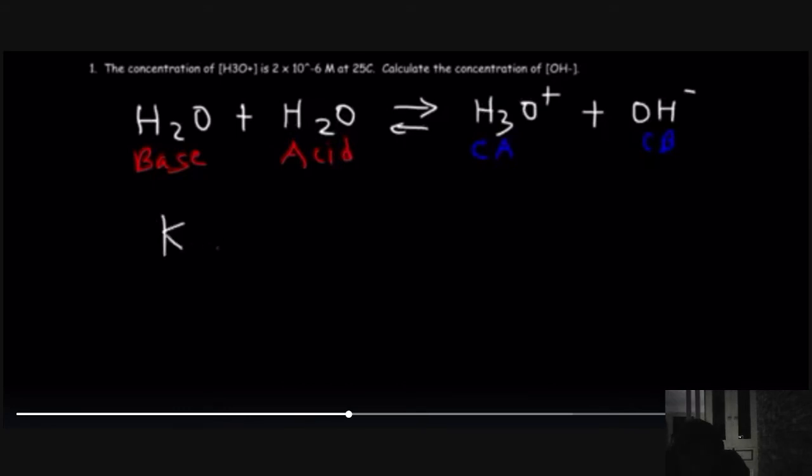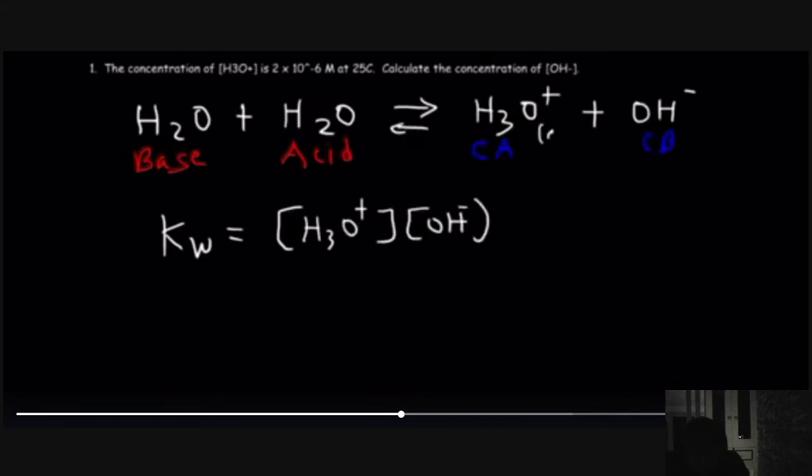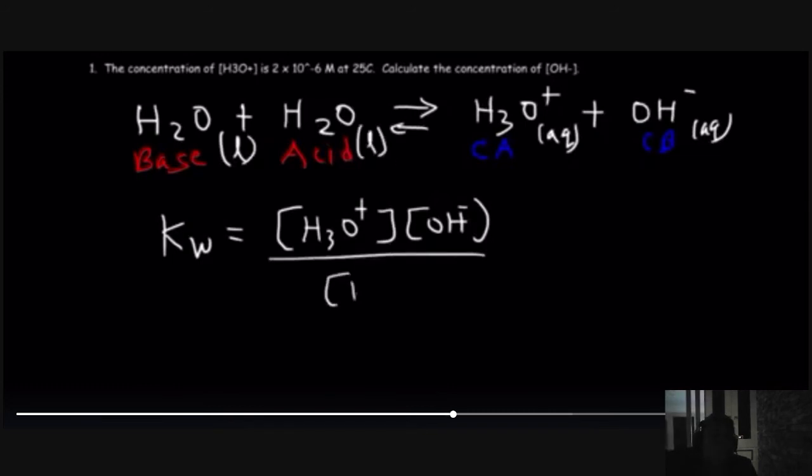Now, the equilibrium expression for this reaction is going to be H3O+ times OH-. Now, this is dissolved in water, so it's in the aqueous phase. Now, water is in the liquid phase, so we cannot include it in the equilibrium expression.